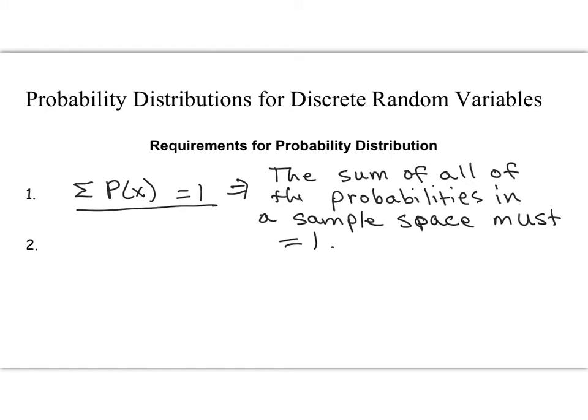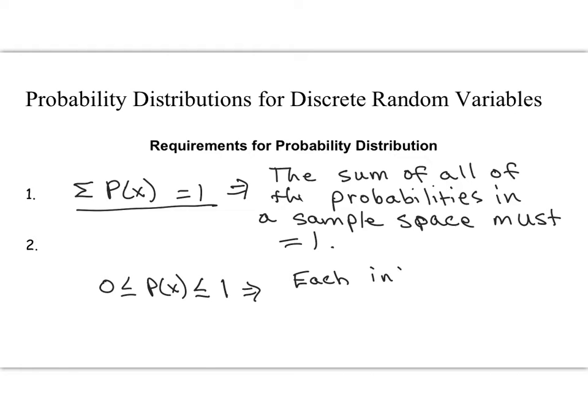The second condition that's true is that each individual probability has to be greater than or equal to 0, but less than or equal to 1. So let's write that out in English.